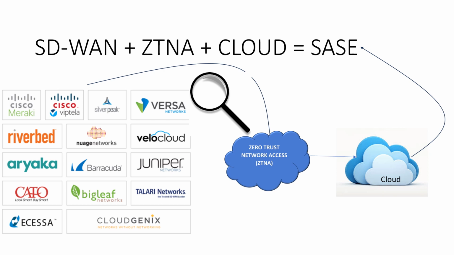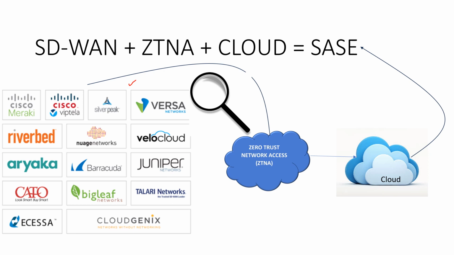The first component is going to be SD-WAN, which is known as software defined wide area network. This SD-WAN technology basically simplifies the management and operation of your wide area network, WAN, by separating the networking hardware from its control mechanism.